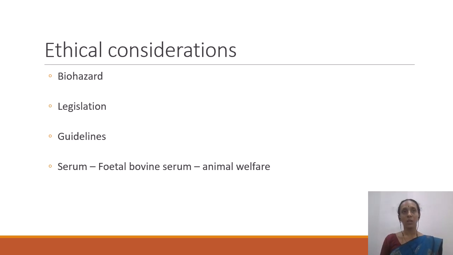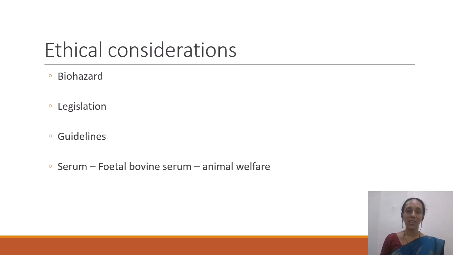Even though cell culture has been there for a long time, there are still a lot of ethical considerations around it, the major one being the biohazard. Whatever waste we produce through cell culture techniques has to be handled as a biohazard and properly disposed of.